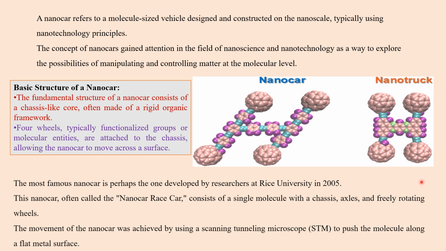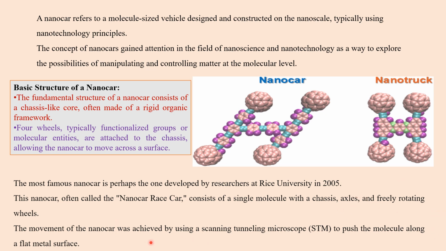The most famous nanocar is perhaps the one developed by researchers at Rice University in 2005 by the group of Professor James Tour. These nanocars, often called the nanocar race car, consist of a single molecule with a chassis, axles, and freely rotating wheels.